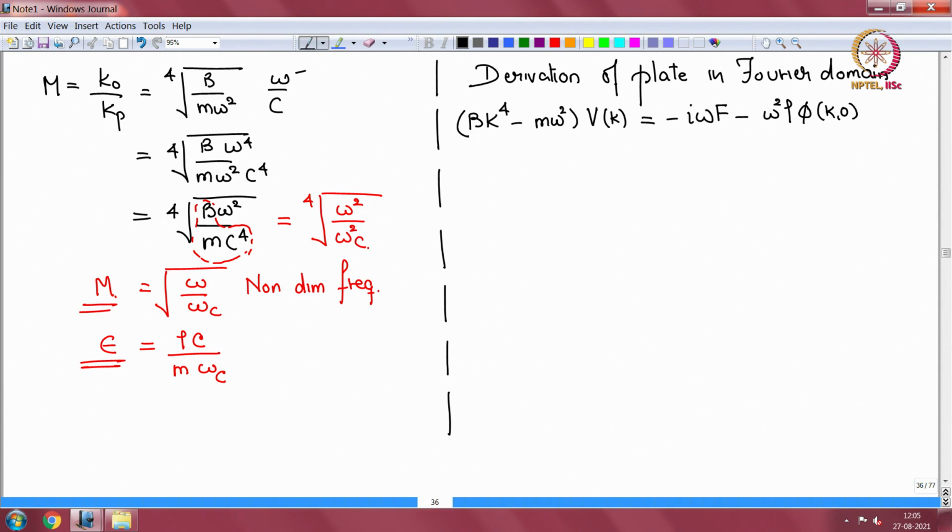You might recall if we go back to the derivation. Now you should know that this term comes from plate stiffness, right? B is flexural stiffness, plate stiffness. And this term comes from plate inertia.